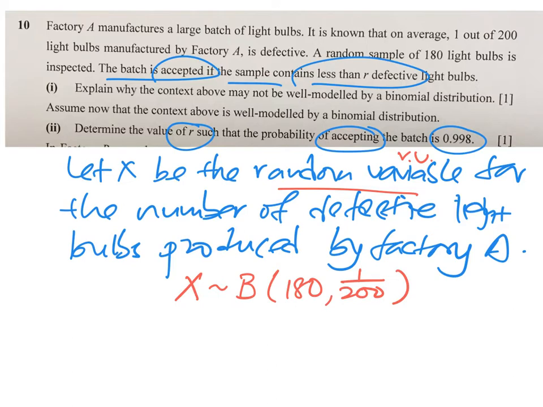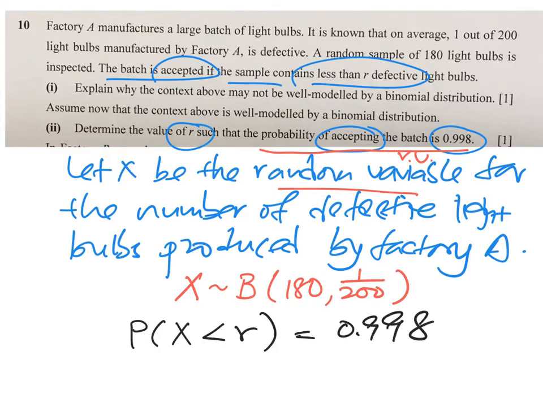Back to the question, the probability of accepting the batch is 0.998. So the probability that X is less than R is 0.998, and our concern now is to find the value of R.